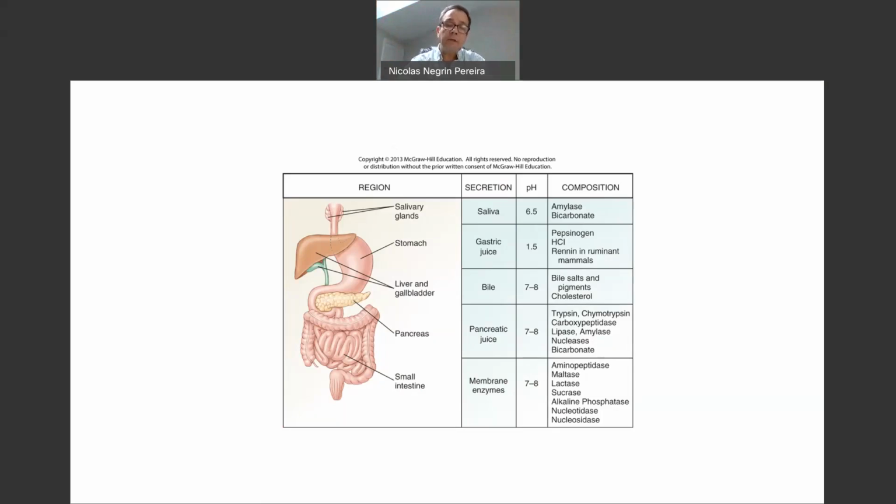And there you have a summary of most of the important enzymes we're going to be covering in the next slide. But it's a good diagram that summarizes important points.